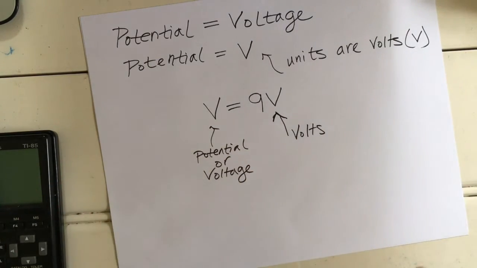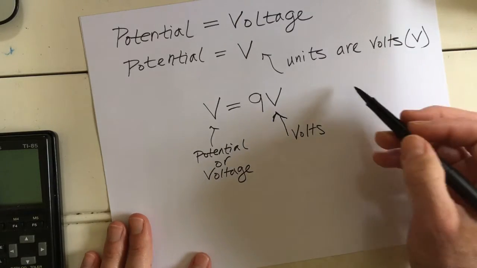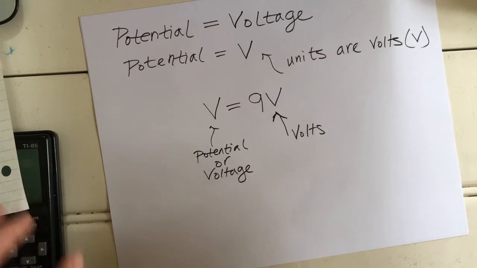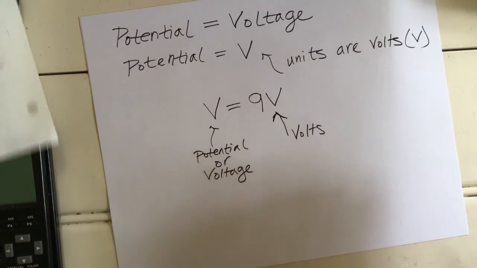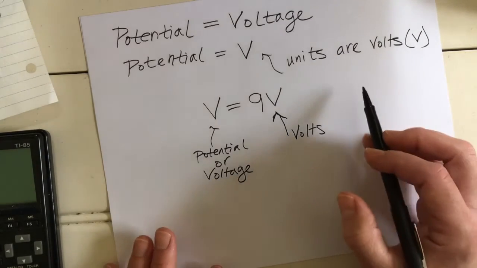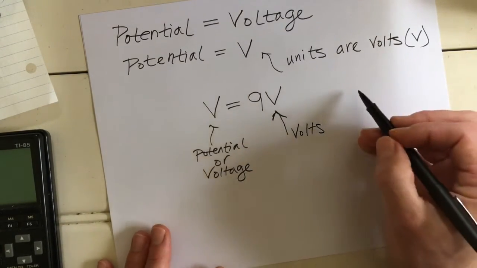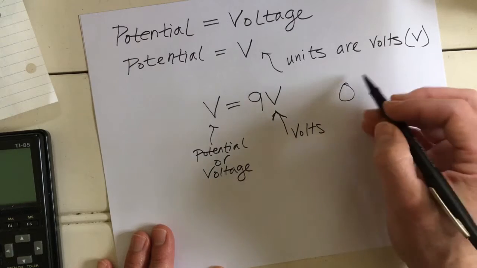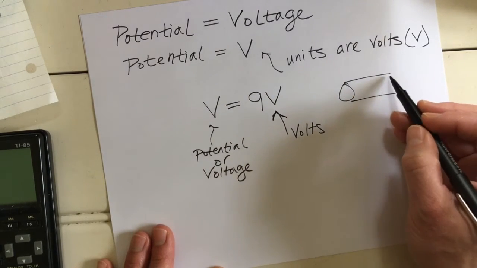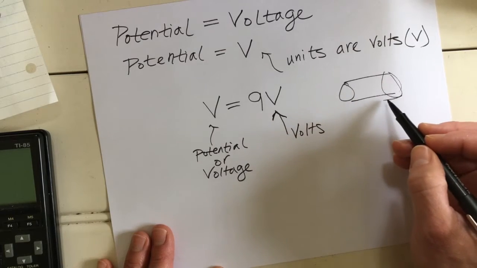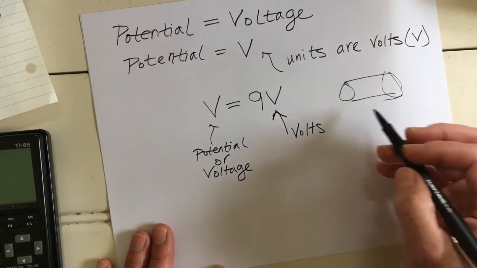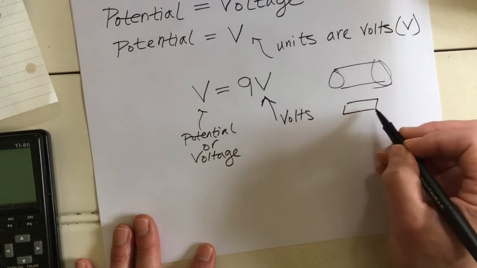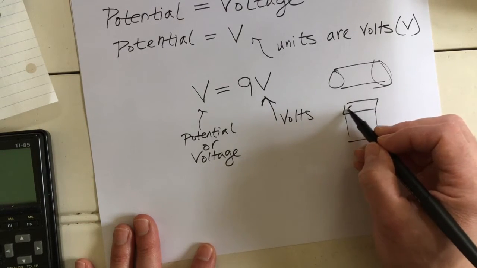So why do these batteries have a 9-volt potential, or how does that work? What they do is this describes a constant potential between two charges on a battery. If you buy a 9-volt battery, I'm pretty sure a 9-volt looks like this, right?